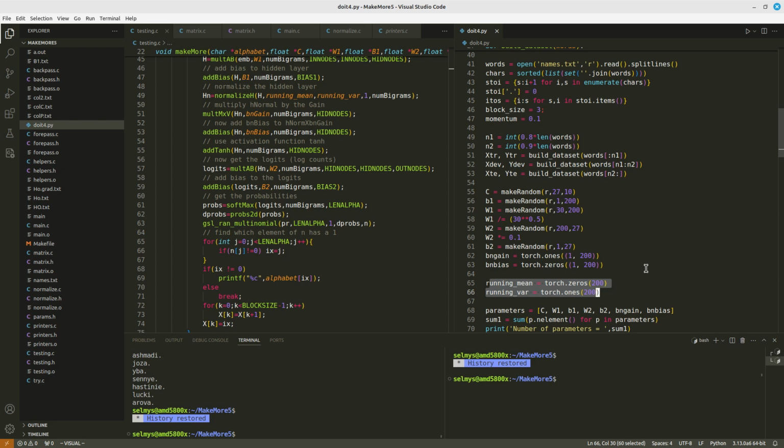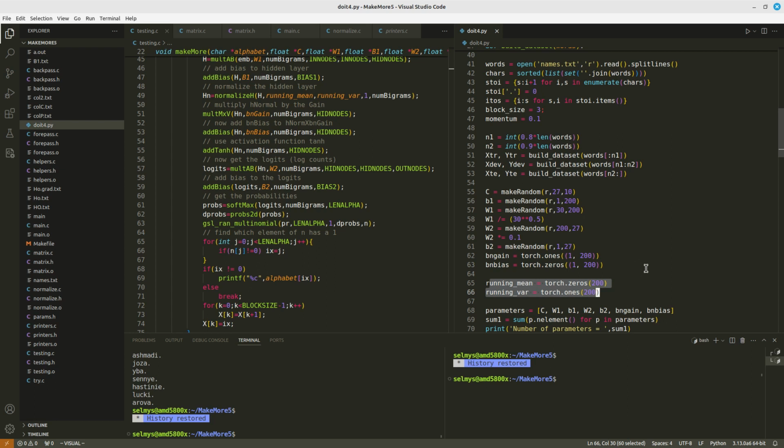We keep renormalizing, so what we do is keep track of the running mean and variance, so that in the end, when we want to make some new names, we can use those.